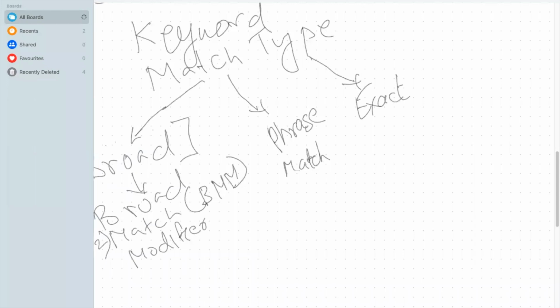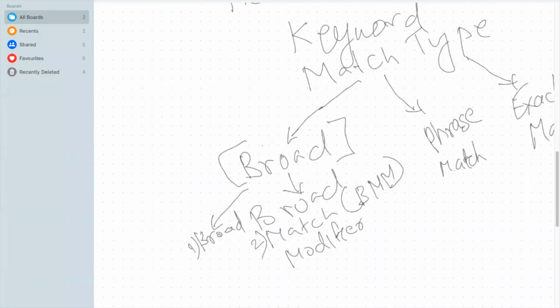So to give you just a brief overview, as the name suggests, broad match. Okay, so what is the meaning of broad match? Broad match is like if a user is searching for, let's say, job career website.